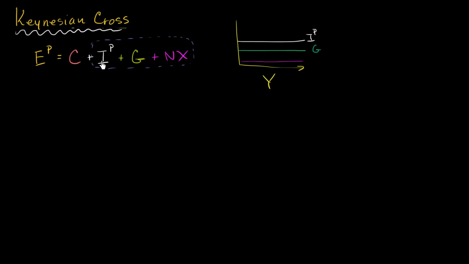And so the way that this thing will look, let me draw another plot right over here. We have aggregate income. That is going to be our independent variable. And then over here, we can just view this as expenditure. So if we were just to plot consumer spending, we've seen that before, especially if we assume a linear consumption function.